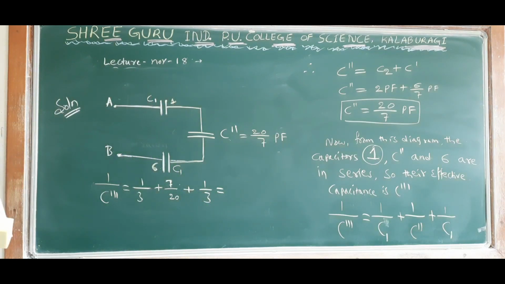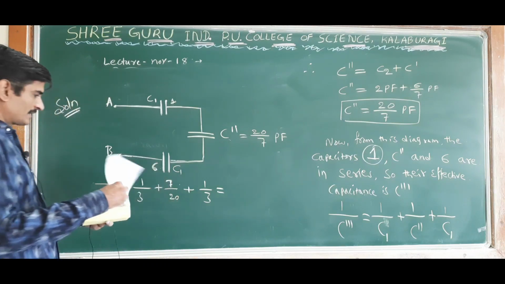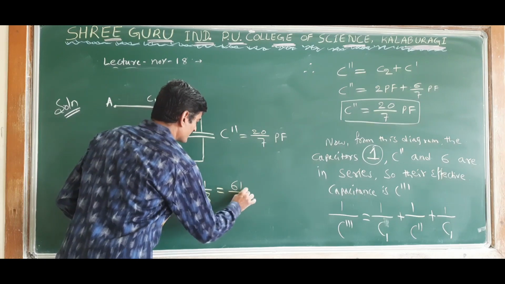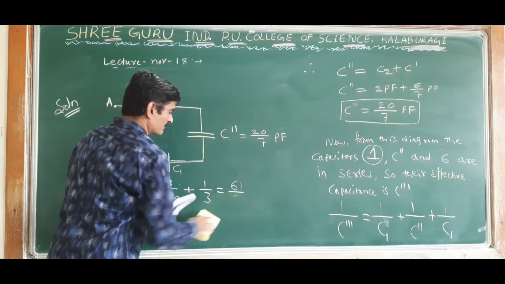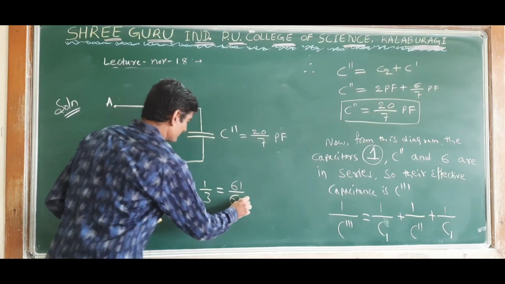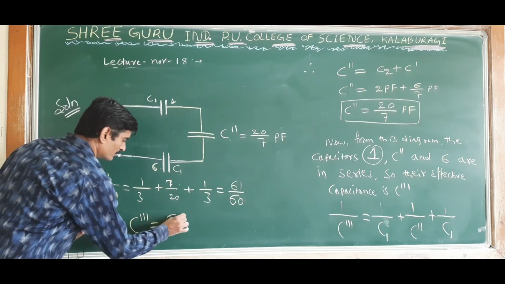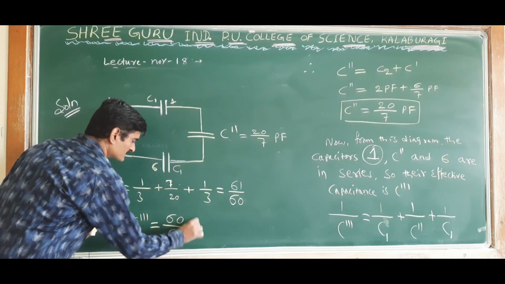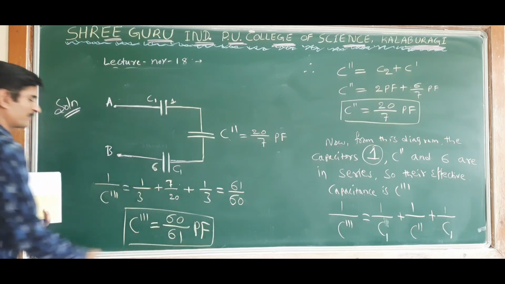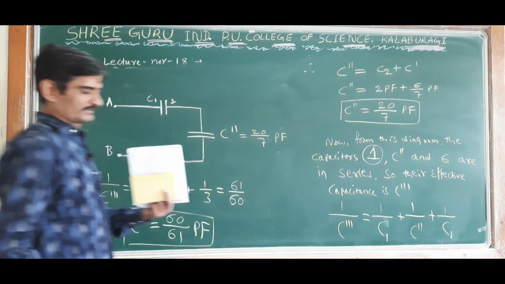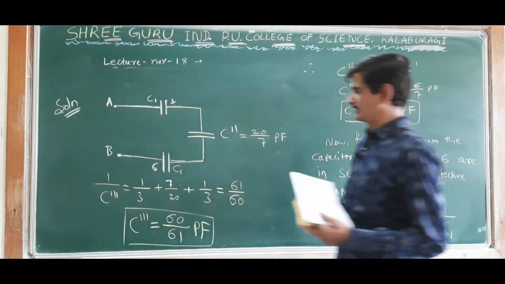On simplifying, I will write the answer directly: you will get 61 divided by 60. So therefore C triple dash is equal to 60 divided by 61 picofarad. So this is the effective capacitance of this entire combination.